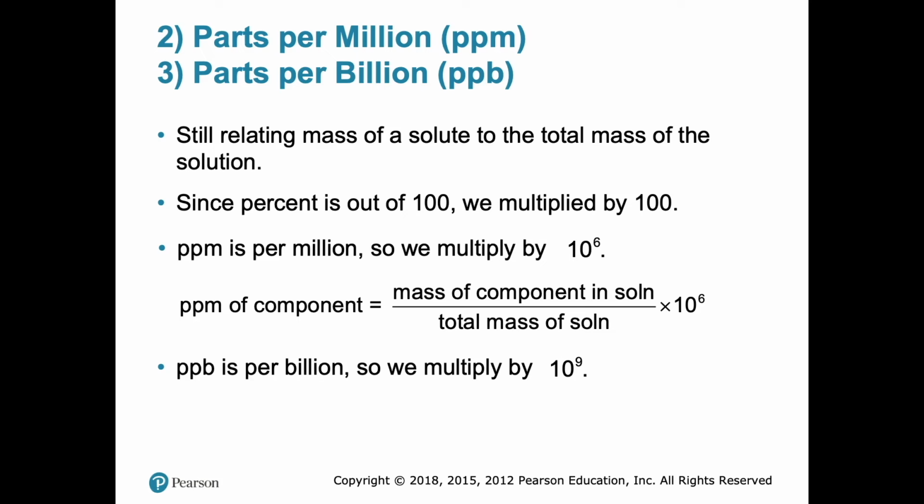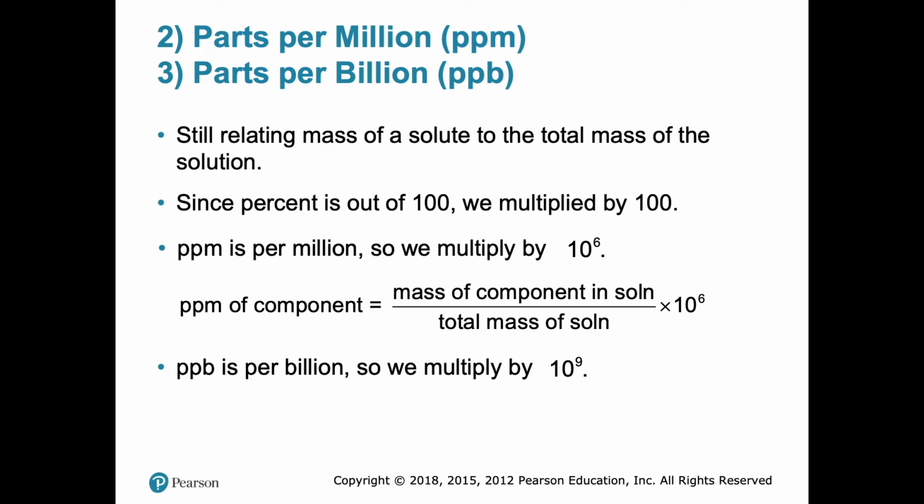Parts per billion, we'll multiply by 10 to the ninth. So as an example, parts per million of a component means the mass of the component divided by the total mass of the solution, and then you multiply by 10 to the 6.